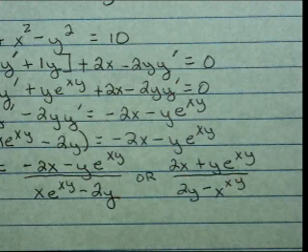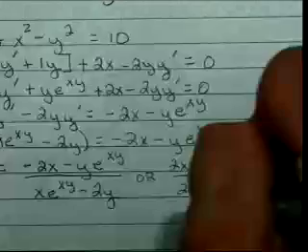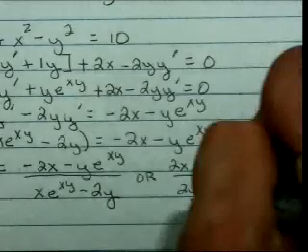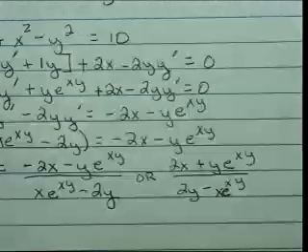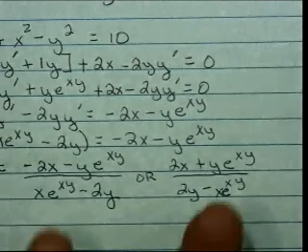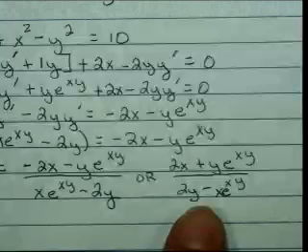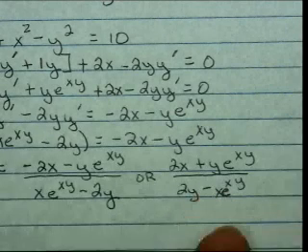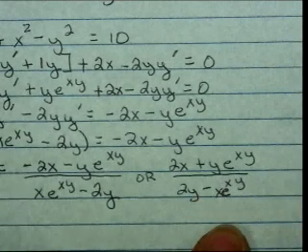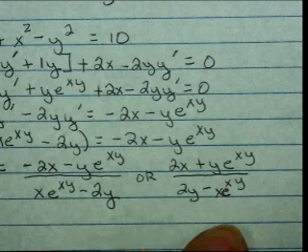Wait, actually, no, because I left the e out of the denominator. Now are they the same? Yes. Which one looks simpler, my answer or the answer in the back? The answer in the back. The answer in the back has fewer negatives in it, and in general, the fewer negatives you have, the better.